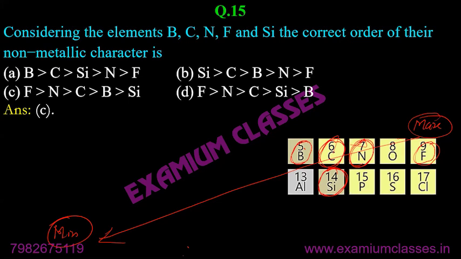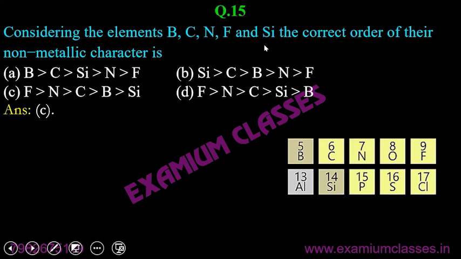After that, you have boron and then silicon. Now, you might ask one question, between C and D. It's fine that fluorine will have maximum non-metallic character because it is on the top right. Then after that nitrogen, after that carbon, then why can't we go from carbon to silicon and then silicon to boron? Because it is decreasing in both directions.